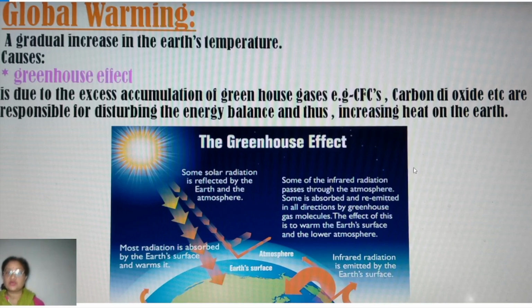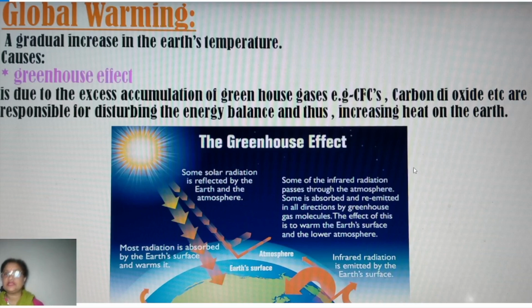Now, what is good ozone? This is what we are talking of at present. In the stratosphere, the ozone layer which is present is called good ozone, and it is totally because of the function fulfilled by this particular ozone.